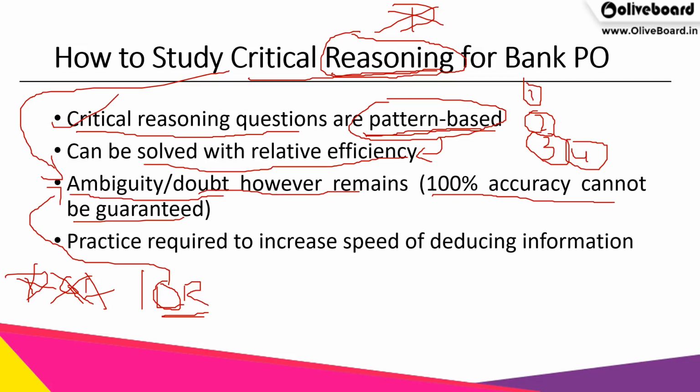So in the exam, whenever you are attempting a critical reasoning question, you cannot be 100% sure that your selection is right or your answer is right. हम में से किसी को पता नहीं होता. None of us know whether our answers to the questions we solve in this topic are correct or not. But based on the information that is provided to us, we know that it is correct.